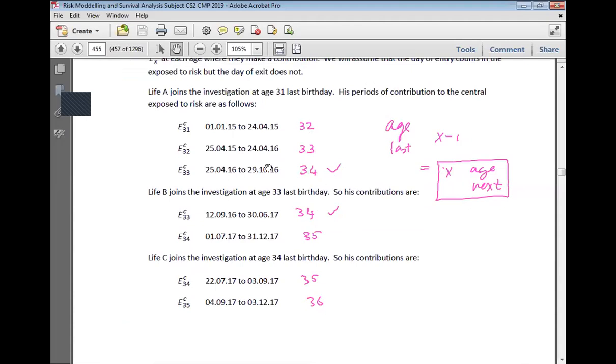So here we have these dates, and for B, we have these dates. And for C, there is no date at all. So we do not observe life C whenever that life is 34 years old using the age next definition.